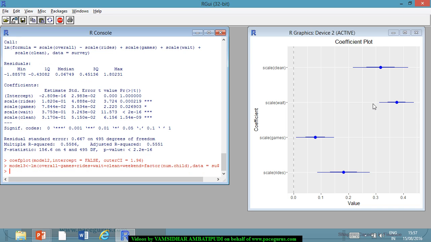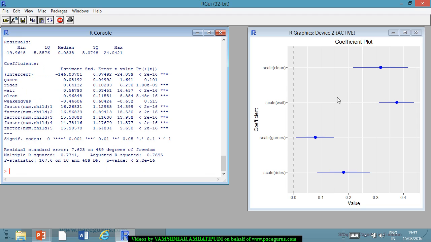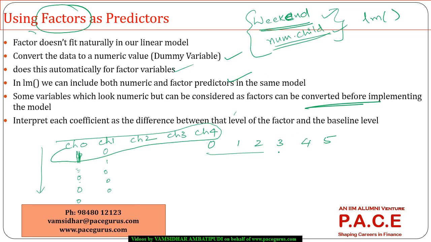Now this is where my model 3 comes out. Let me look at the summary of model 3 here. You could see that a lot of things are coming out. So the factors it creates, now we have children as 0, 1, 2, 3, 4, 5, so there are 6 different categories.